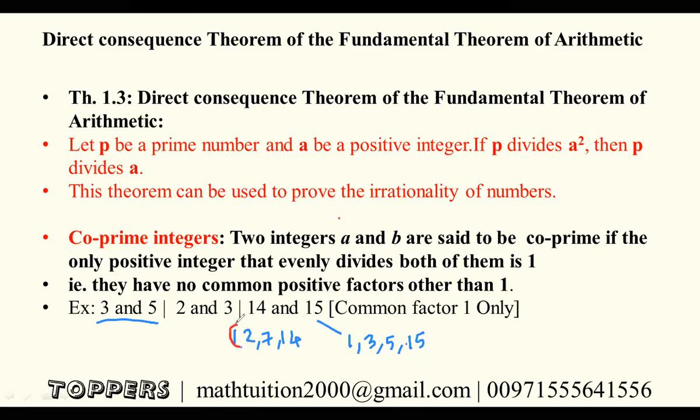In 14 and 15, the common factor is only 1. So we can say 14 and 15 are co-prime. They have common factor only 1. Such numbers are known as co-prime integers. This term also we will use to prove the irrationality of numbers. Clear? Okay.